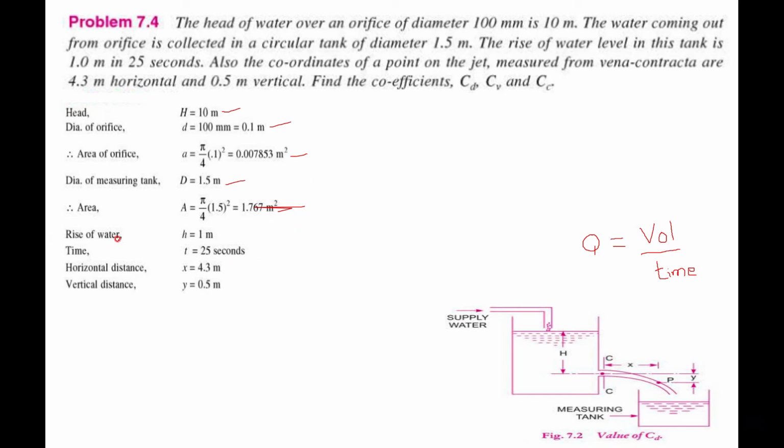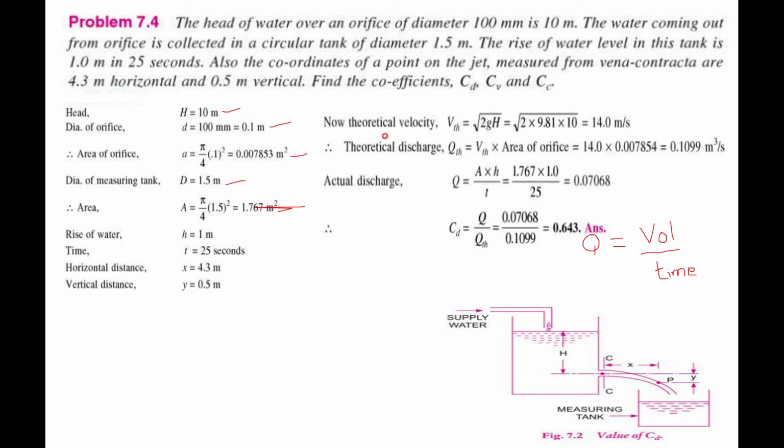Then the rise of water: the water is discharging from the orifice into this tank and rising up, and the rise is 1 meter in 25 seconds. Note down the time, and the horizontal and vertical distances are both given. From the vena contracta, mark x and y, and note both coordinates down.